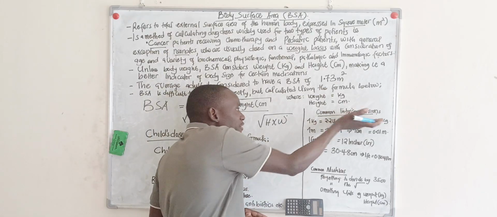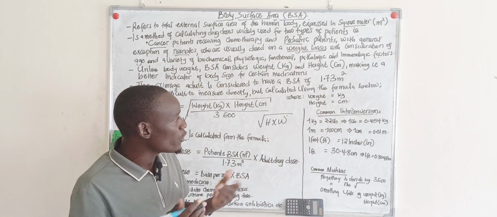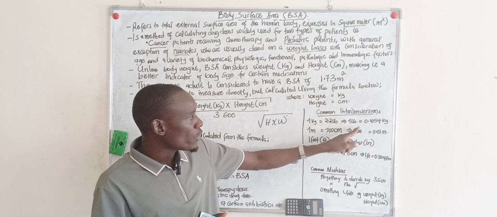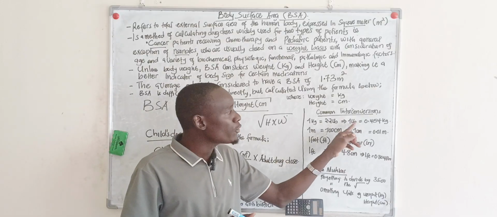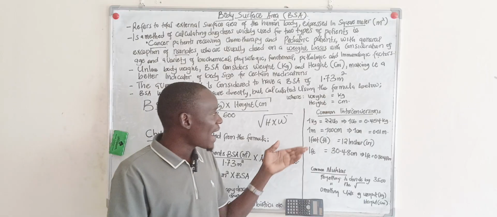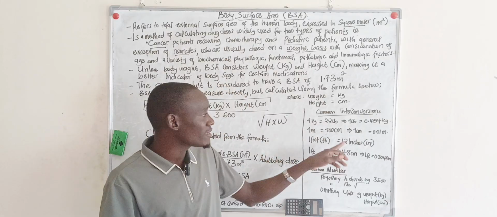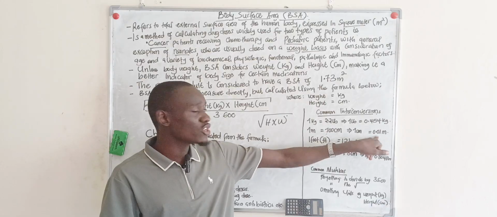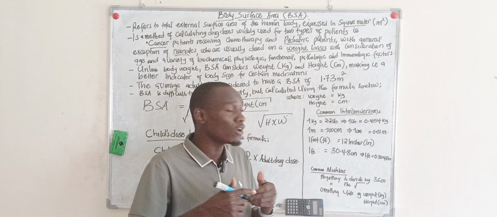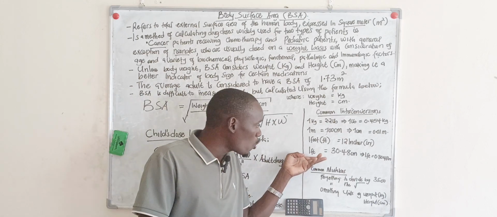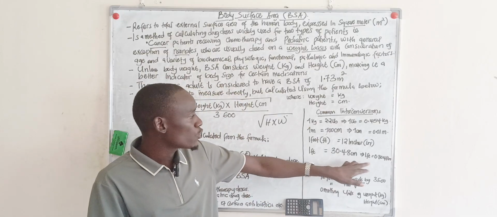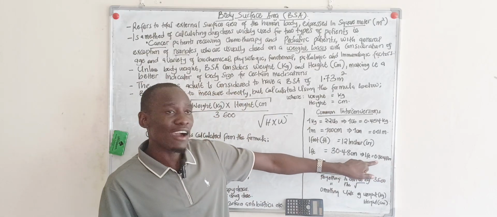Common interconversions: 1 kilogram is equal to 2.2 pounds, in short 1 pound is equivalent to 0.454 kilograms. 1 meter is equal to 100 centimeters, so 1 centimeter is equal to 0.01 meter. 1 foot is equal to 12 inches, and also 1 foot is equal to 30.48 centimeters.